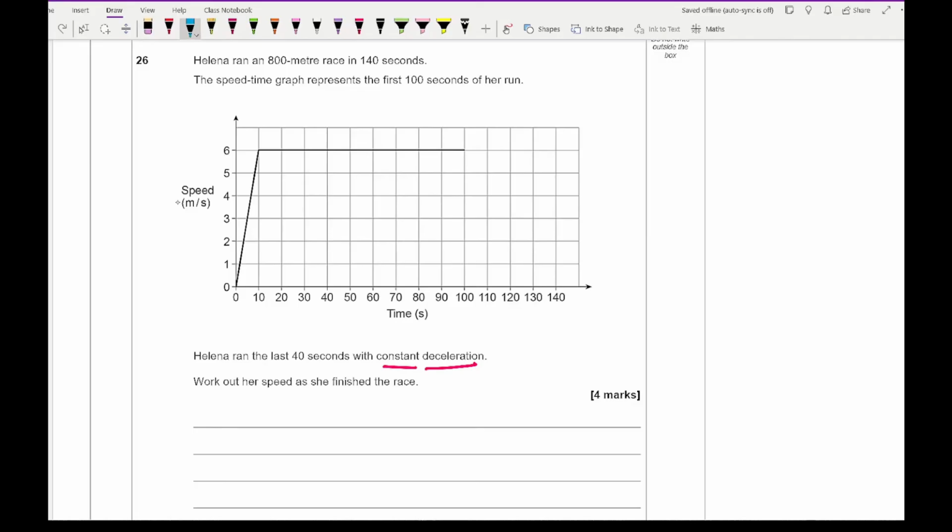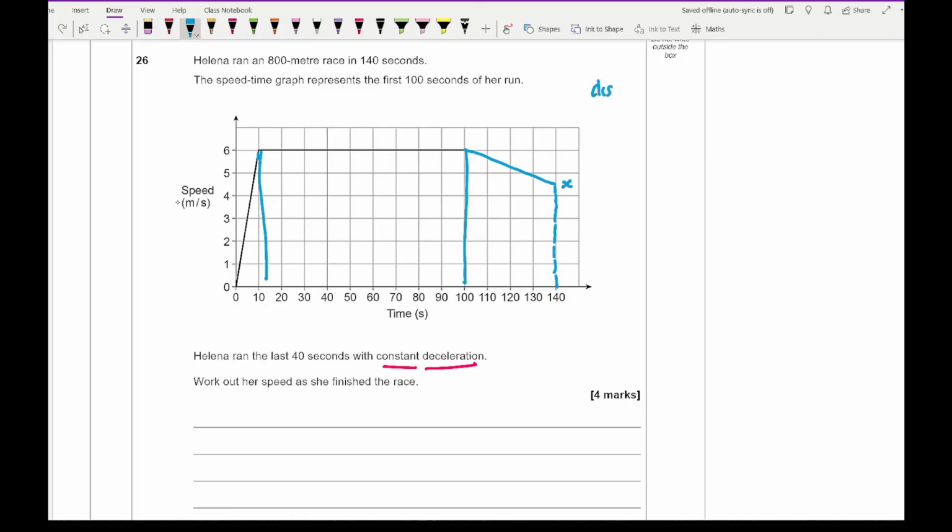So if I imagine we're drawing a line, let's say there, it's this here that we want to work out, x, and we want to know what that is there. What we want to do first is see how far she has run in those first 100 seconds.